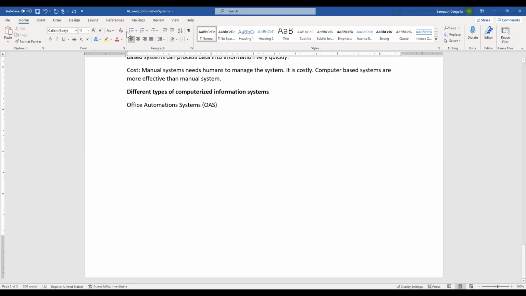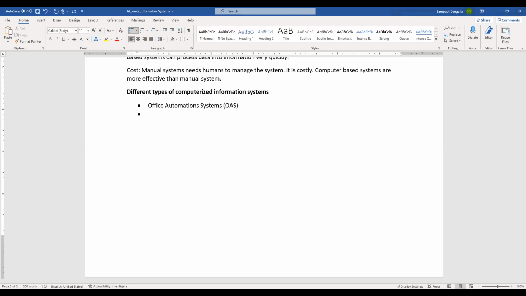Then, I will put bullet points. Don't take down, I'm going to write more information. The second one is known as transaction processing systems, right? Transaction meaning like if you go to a bank, you deposit money, you withdraw money, so many things happen together.